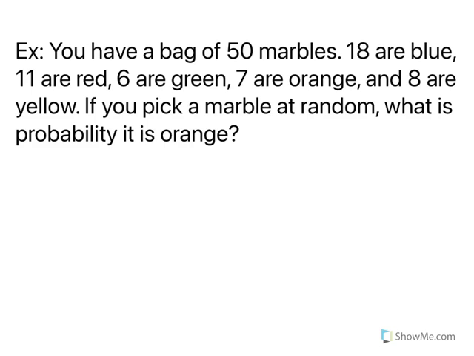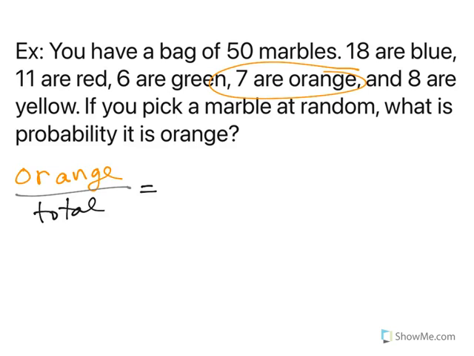We've got 18 blue marbles, 11 red, 6 green, 7 orange, and 8 yellow. If you pick a marble at random, what is the probability it is orange? We want orange, over the total number of marbles. Think about this as a fraction. How many orange marbles do we have?